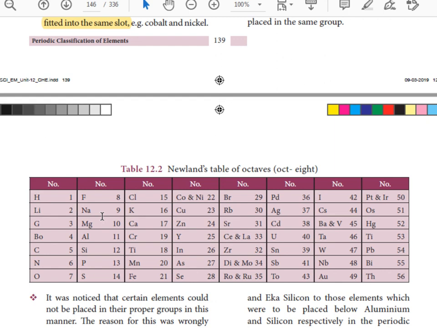He did not leave any space for new elements. Based on the elements known at that time, he gave a table. So these are the limitations discussed in Newland's law of octaves.